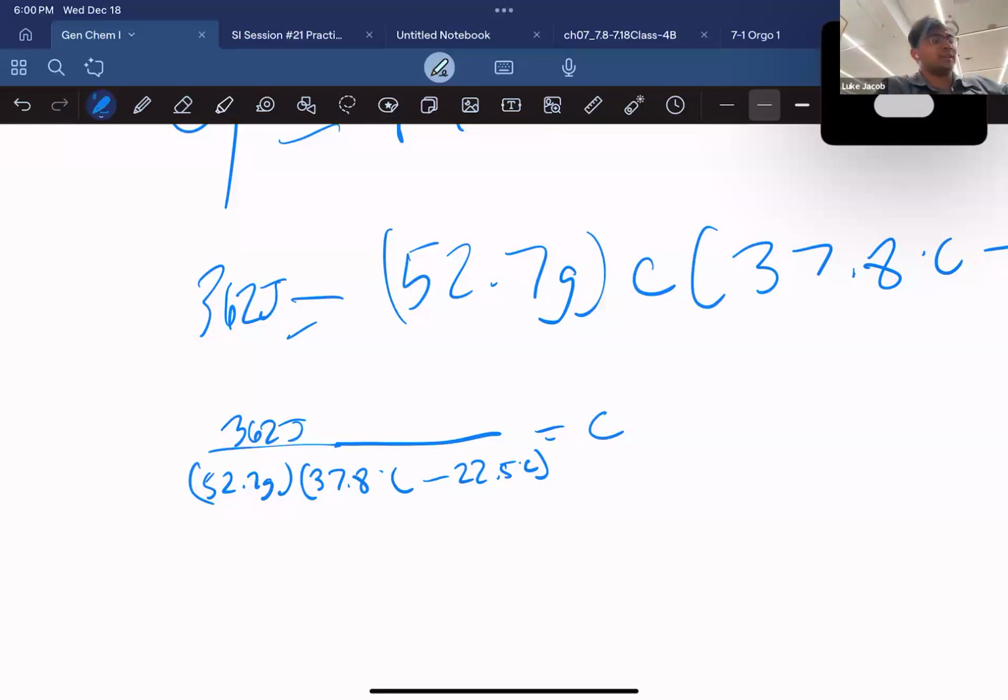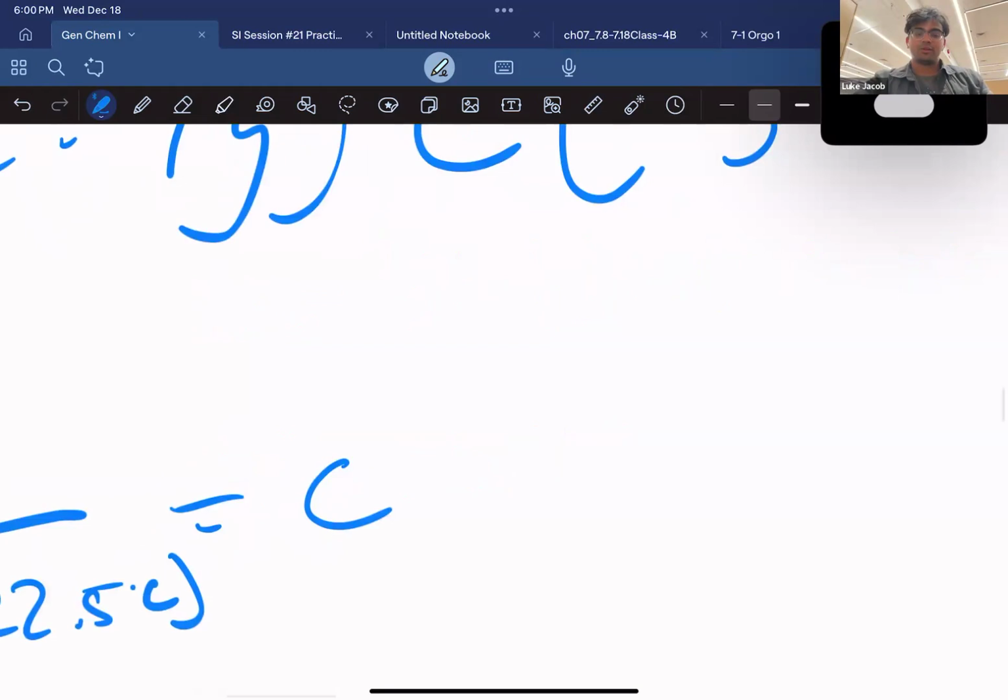Let's see if I have my calculator on me. Yeah, I do. So this is 362 divided by 52.7 times 37.8 minus 22.5, and I got a value of 0.449.